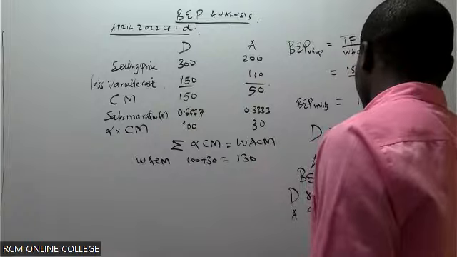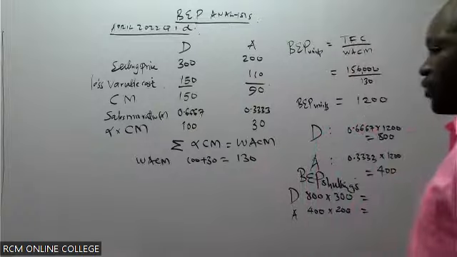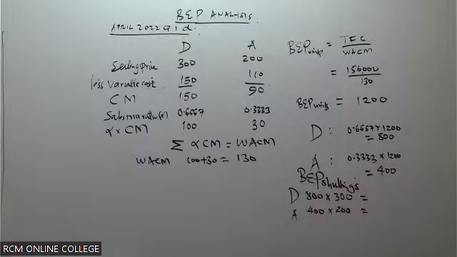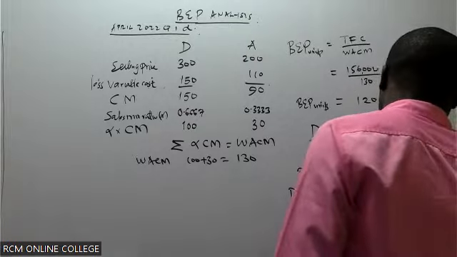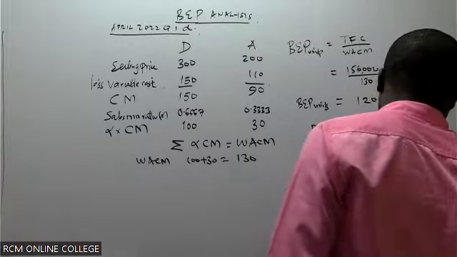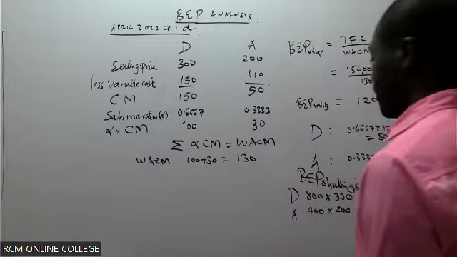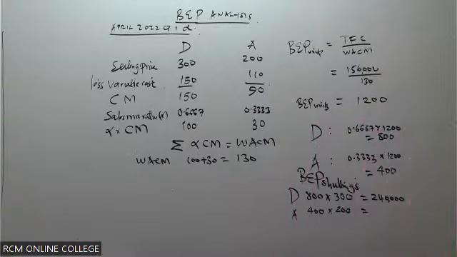So what do we have for D? D will be giving us 240,000. How about A? A will be giving us what figure?